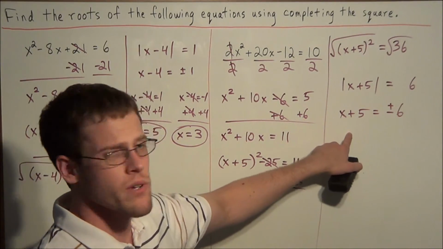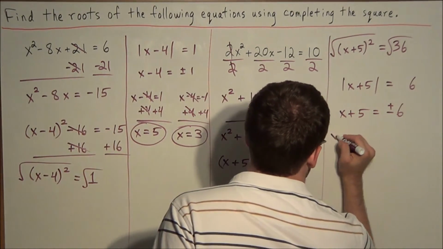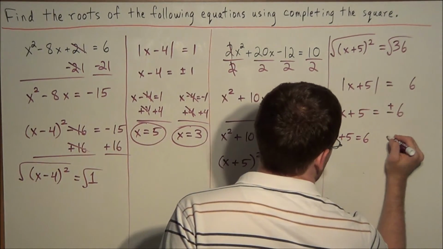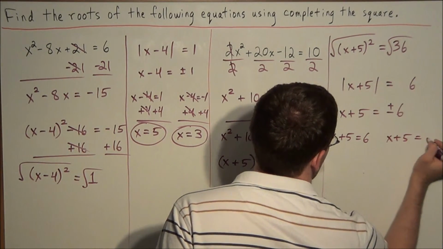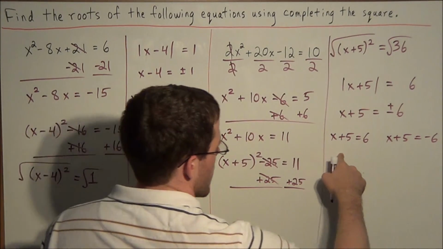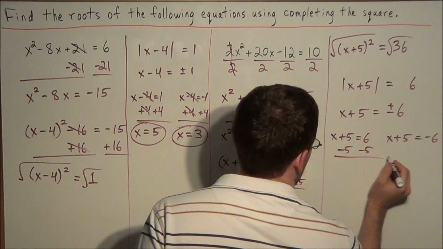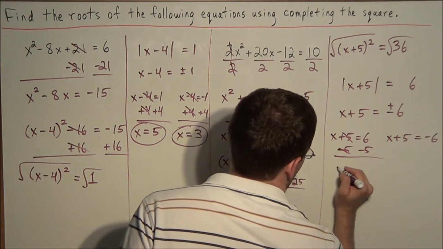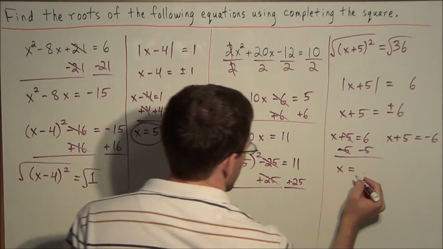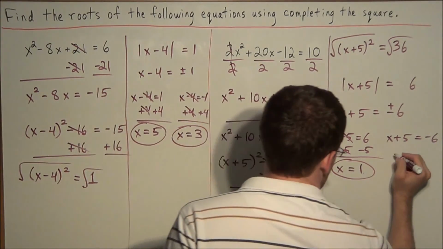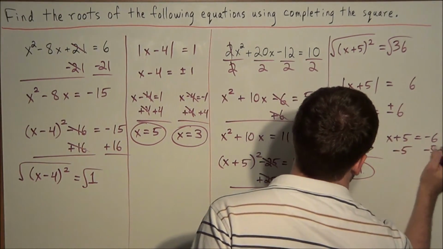So now to solve for x, we have to solve two equations. We're solving x plus 5 equals 6, and we're also solving x plus 5 equals negative 6. So to solve the first equation, we're going to subtract 5 from both sides. 5 minus 5 will cancel, and we have x equals 6 minus 5 is positive 1. And then to solve the second equation, we're going to subtract 5 from both sides.